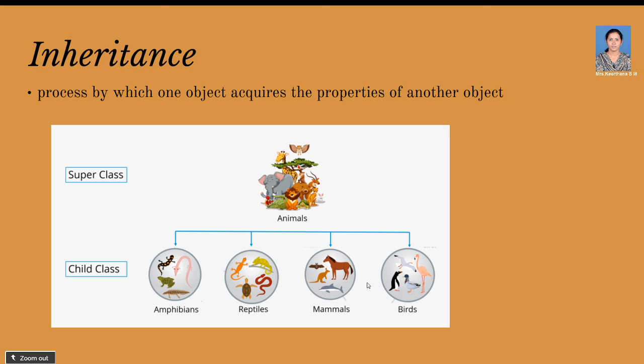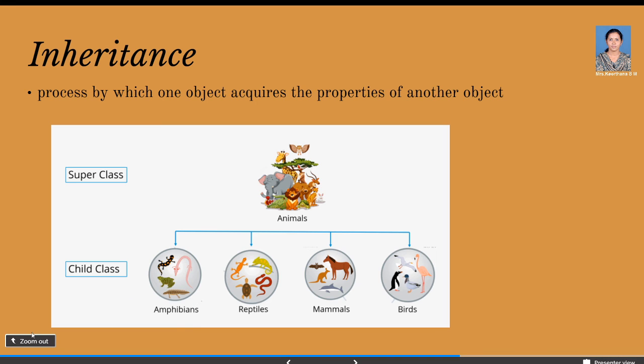That is, they can differ according to their shape, size, etc. So the superclass is animals, and the subclasses, the child classes, are mammals, birds and so on. The properties of the superclass are extracted and used in the subclass also, that is, in the child class also. This is called inheritance.